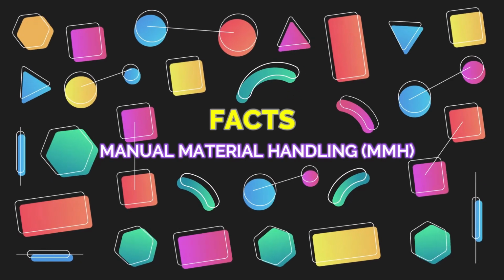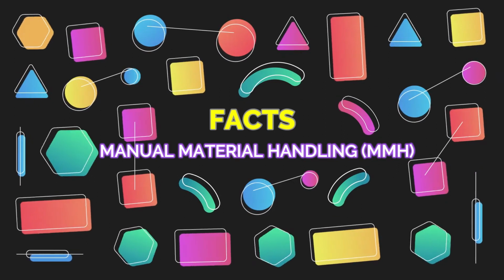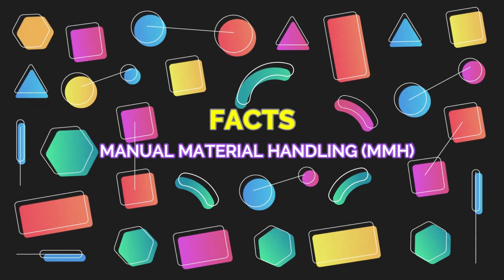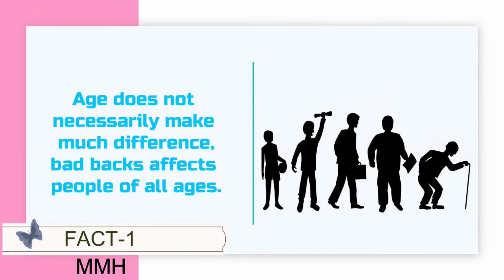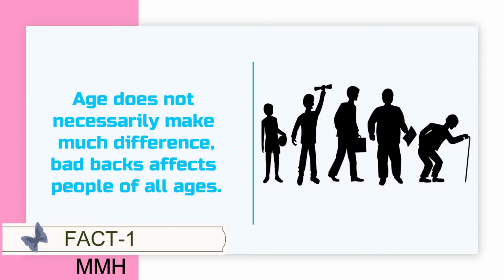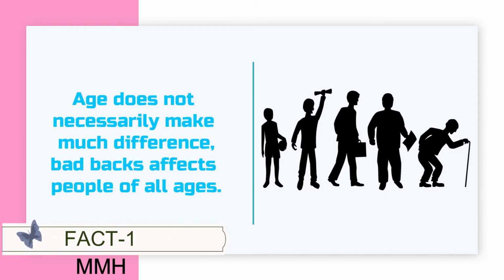Before we go further, let us look into some facts related to safety with respect to manual material handling. One fact is that age does not necessarily make much difference with respect to accidents while manual material handling, because backs affect all ages.